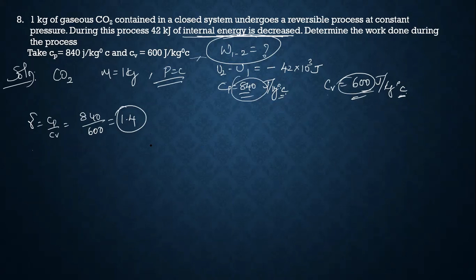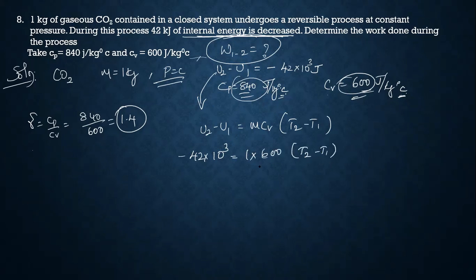We have to calculate W1 to 2. For calculating W1 to 2, U2 minus U1 is given, and take the help of U2 minus U1. U2 minus U1 is m Cv into T2 minus T1. U2 minus U1 is minus 42 into 10 to the power of 3 is equal to mass 1, Cv that is 600, and T2 minus T1. Therefore, the temperature difference we get is minus 70.